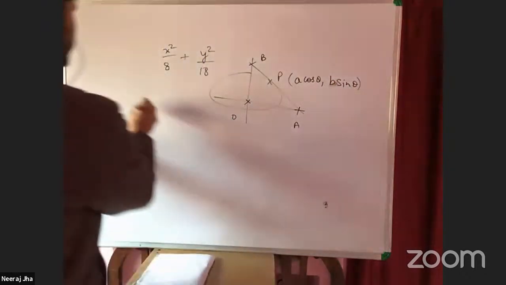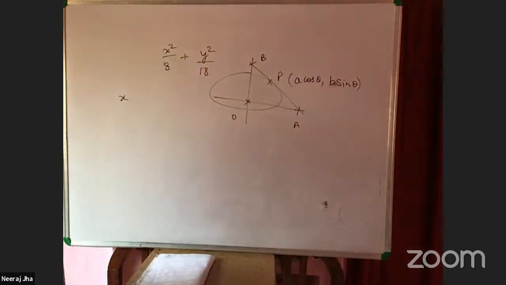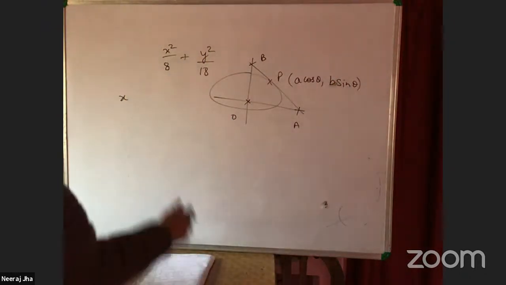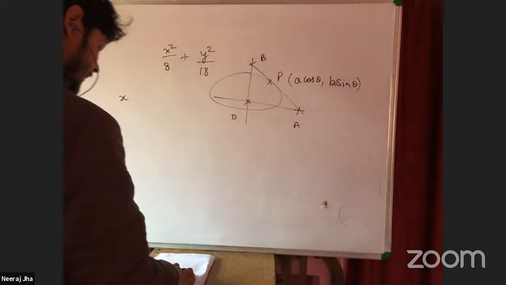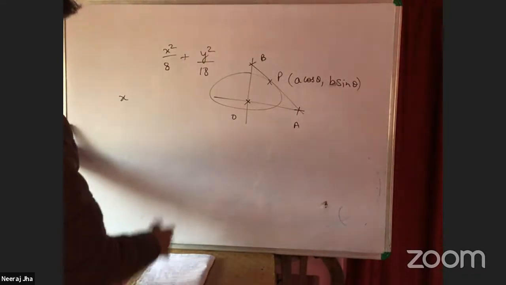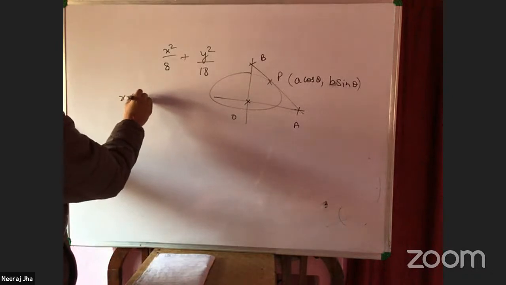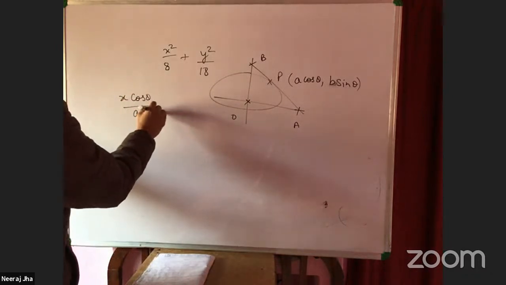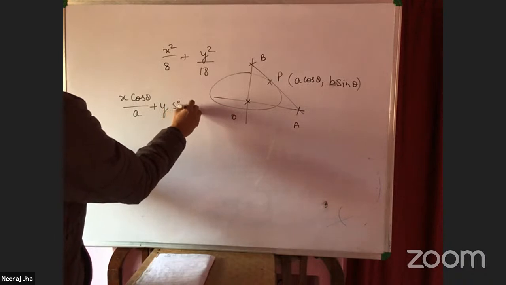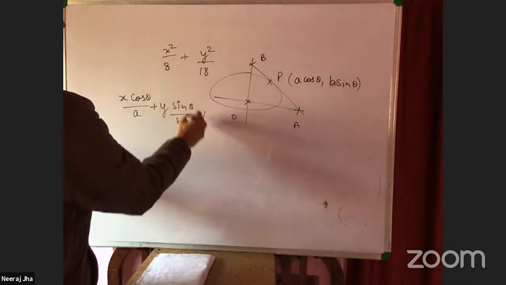So the equation of the tangent will be, and I will put later on the value of a and b, x into cos theta upon a plus y into sin theta upon b is equal to 1.